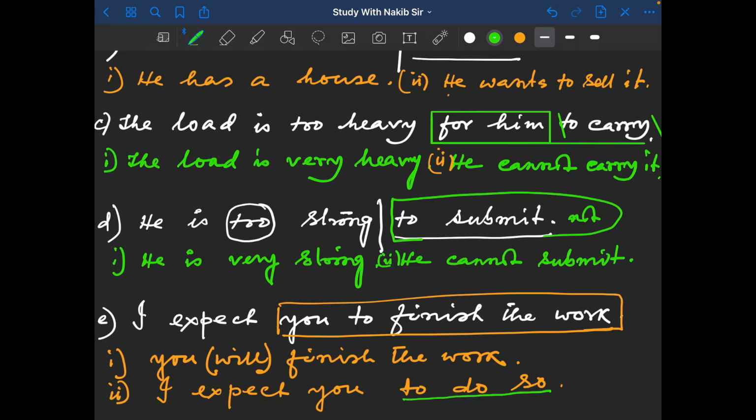Number two, I expect you to do so. When you were joining, I repeatedly requested you to remember this verb, expect, special verb I told you. So you got it here, and if you remember that, if you learned that, it will be easy for you to break the given sentence this way. Okay. Now we will take another example.